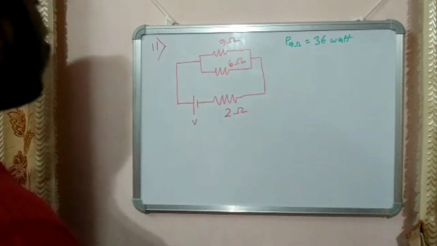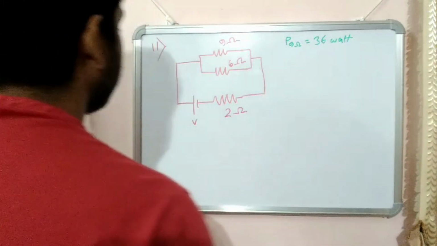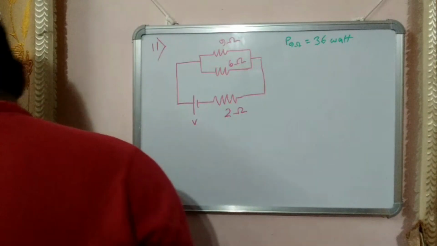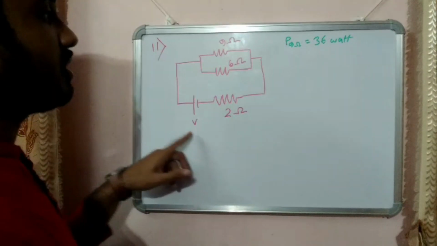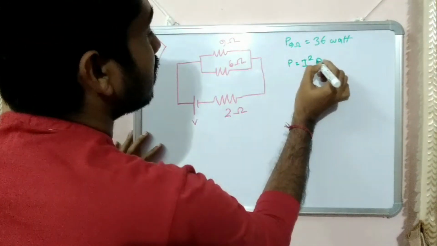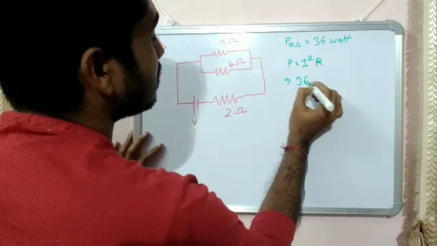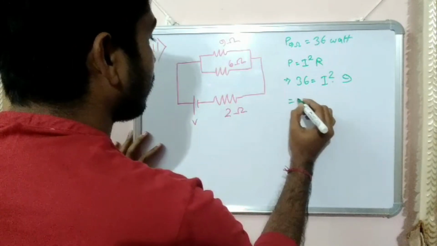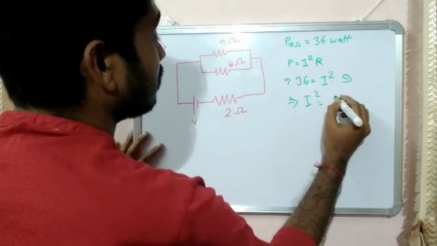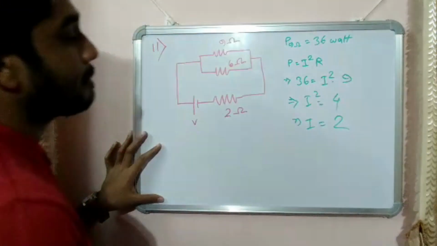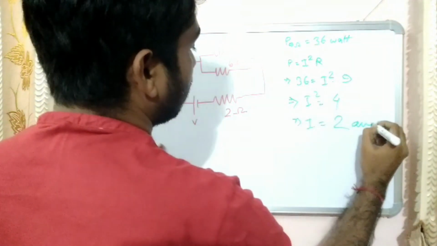If there is power, we can easily calculate the current in it, because we don't know the voltage. So P is equal to I square R. So 36 is equal to I square into R, which is 9, and I square is equal to 4. So I is equal to 2 ampere.